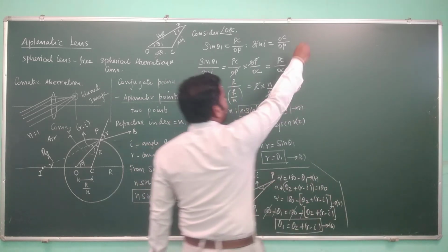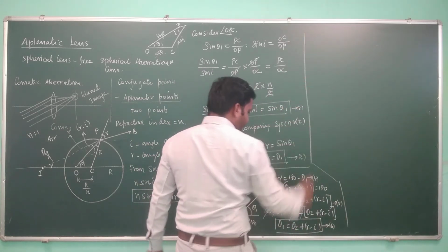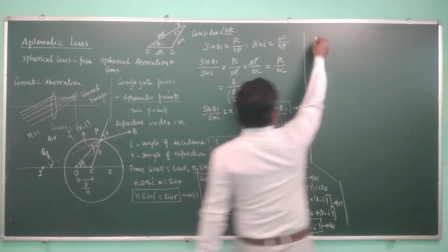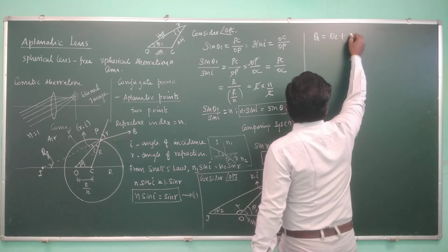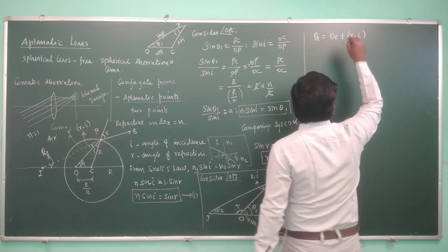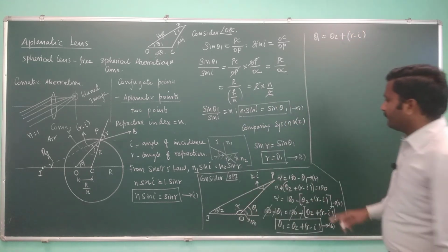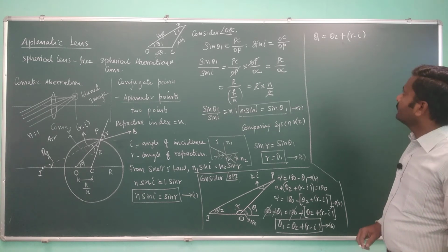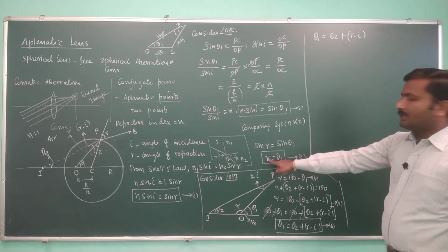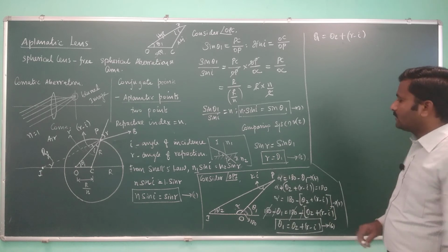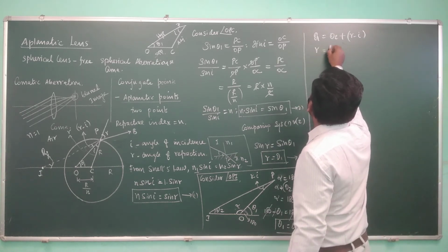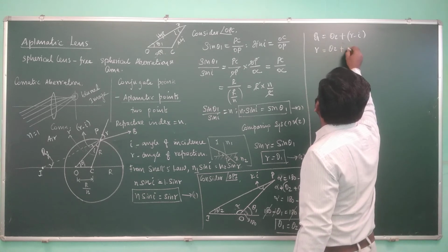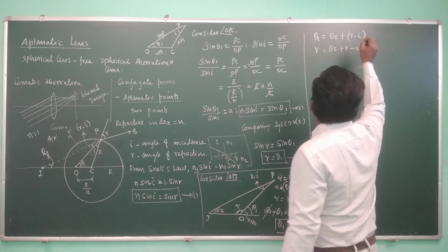Okay, let theta 1 equal to theta 2 plus r minus i. But already we have set theta 1 is equal to r. So you substitute r in the place of theta 1, and it becomes r equals theta 2 plus r minus i.